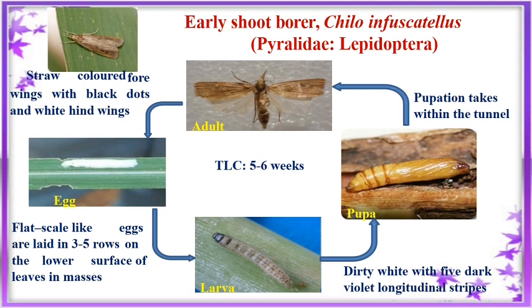The egg laying takes place on the lower surface of the leaves in masses, and pupation takes place within the larval tunnels, inside the shoot or stem of the sugarcane. This is the oviposition, pupation, and damaging stage of this pest.